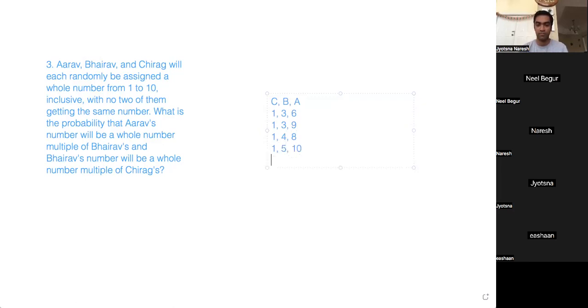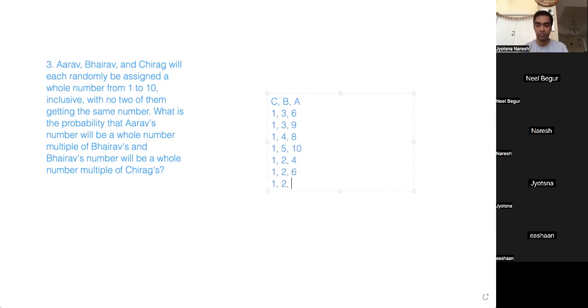And then moving on to the C's, when C is equal to 1, B is equal to 2, and A is equal to 4, 6, 8, and 10.